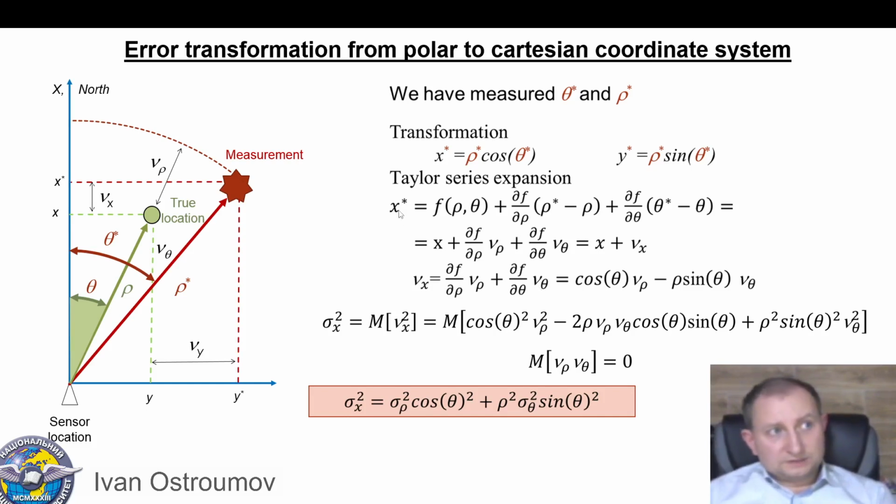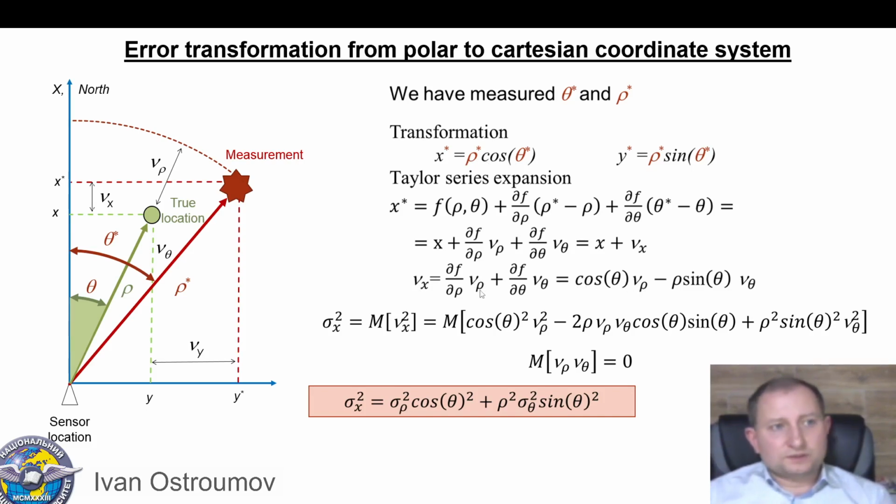If we consider x axis, it means that first of all we need to find first derivatives from x relation, and in this case first derivatives from rho cosine theta by rho. It will be just cosine theta, because first derivatives from rho by rho, it will be 1. 1 multiplied with the cosine theta will be cosine theta.